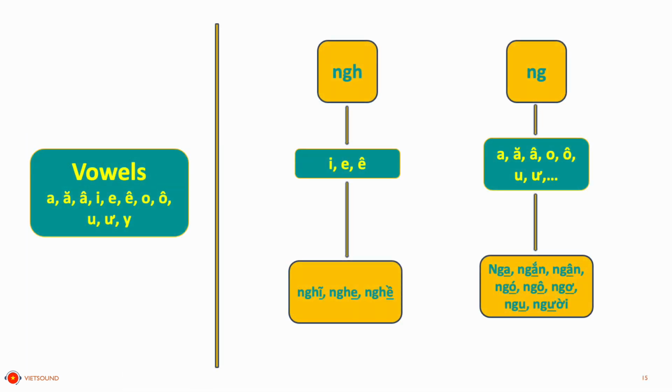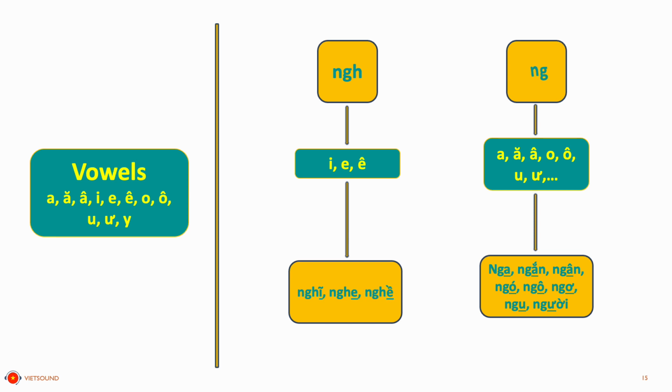Let's contrast the n, g and the n, g, h combinations. They are exactly the same in pronunciation, but they are different only in orthography. The n, g, h combination is followed by vowels like e, ê, i, and we have some words here like nghĩ, nghe, nghề.